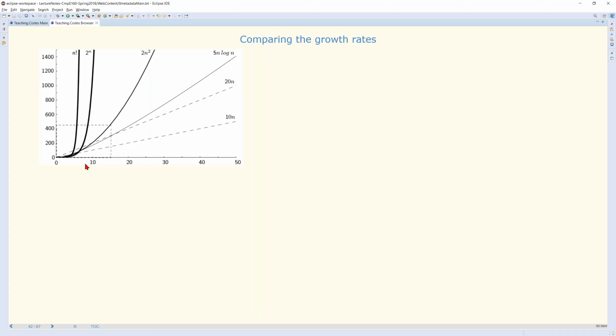Okay, that's why we are interested not in the small values of n, but we are interested in large values of n. And note that for the case of factorial, exponential, and even for quadratic, as the size of n grows, very fast you will realize that such software will be useless.